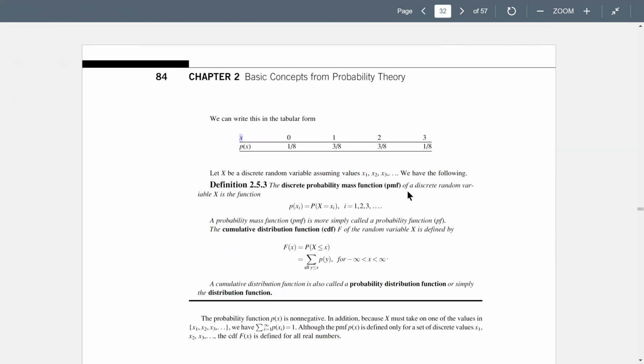Actually this follows a binomial probability distribution, but I use it as an example to illustrate it. So probability of X equal to 0 is 1/8. Equal to 1 is 3/8. Equal to 2 is 3/8. Equal to 3 is 1/8.